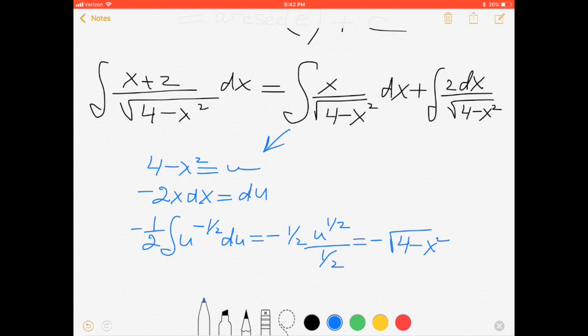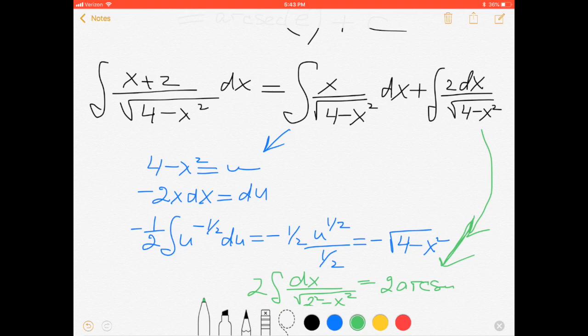Great. What about the second integral? I use a different color. This is exactly 2 integral dx. 4 is 2 squared. This means 2 squared minus x squared. But it's exactly a table integral. It will be 2 arcsine x over 2.